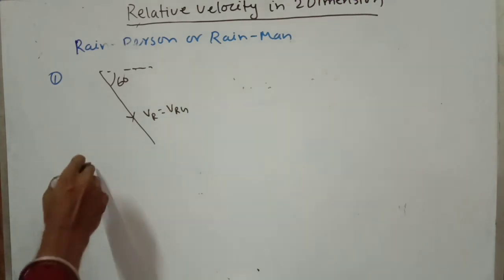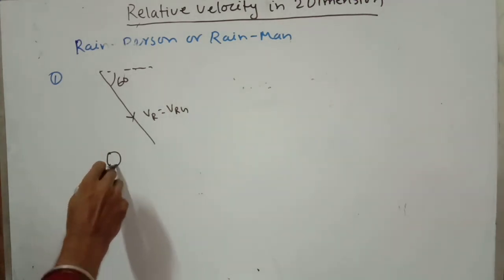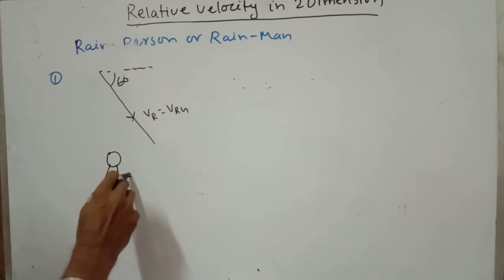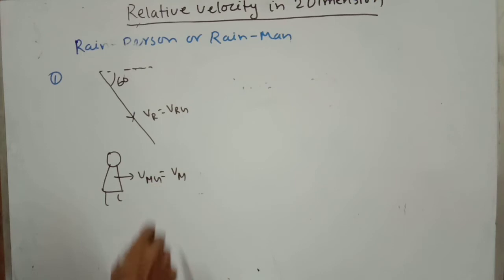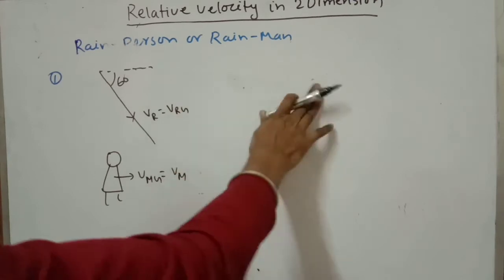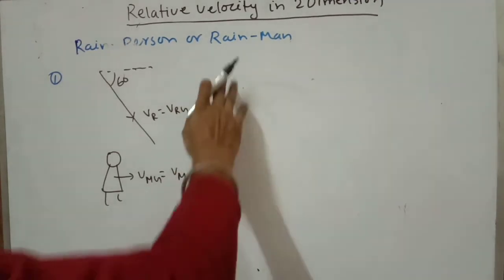Now consider a man with velocity Vm with respect to ground. In which direction should the man open the umbrella so that he can be saved from the rain himself? So how?